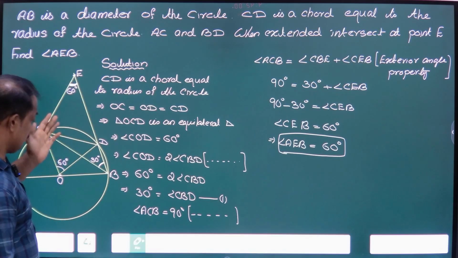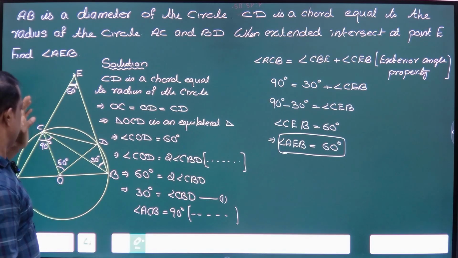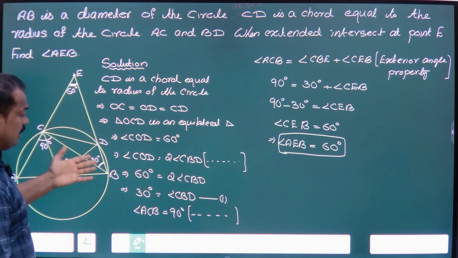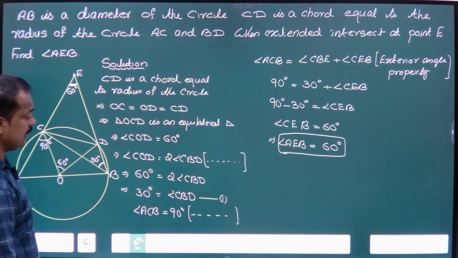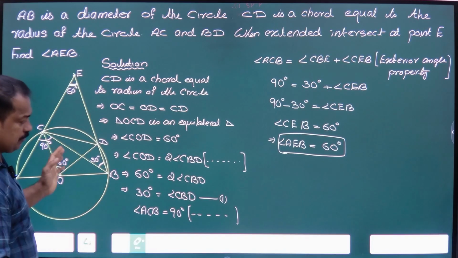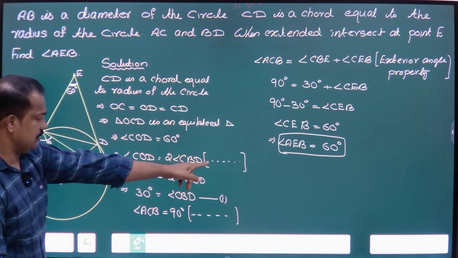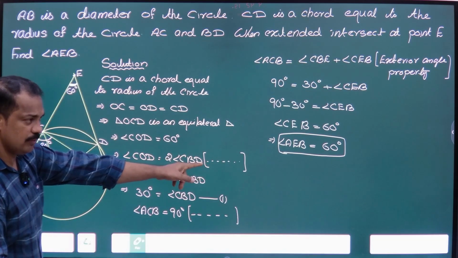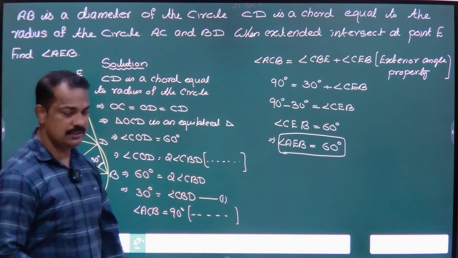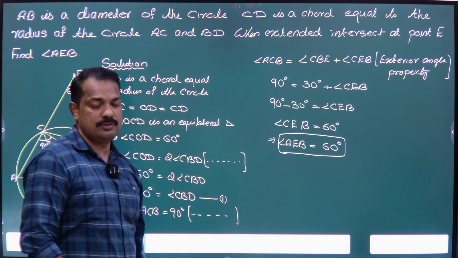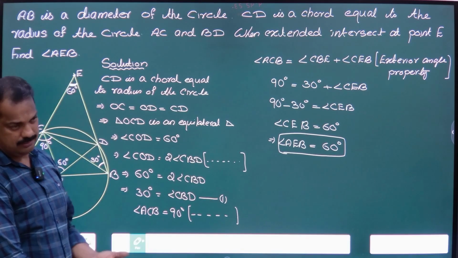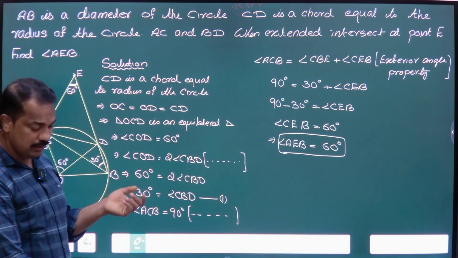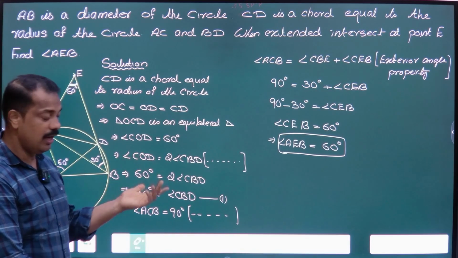Very important question. In this question, you have to find the value of angle AEB. The value of angle AEB is equal to 60 degree. The three theorems you want to apply. First, here you have to apply which theorem? The angle subtended by an arc at the center is double the angle subtended by it on the circle outside the arc.